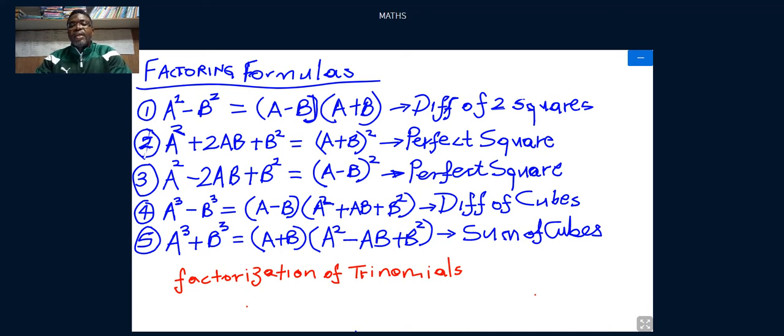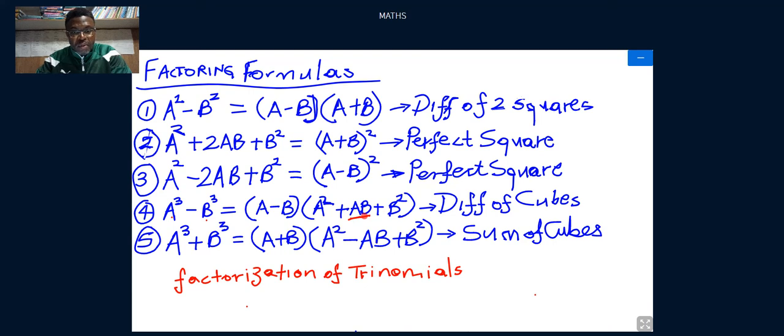This is the structure. You must understand this structure. So how did we get this ab in between? You simply multiply a and b. You multiply this a and this b, you get ab. This is the difference of cubes.